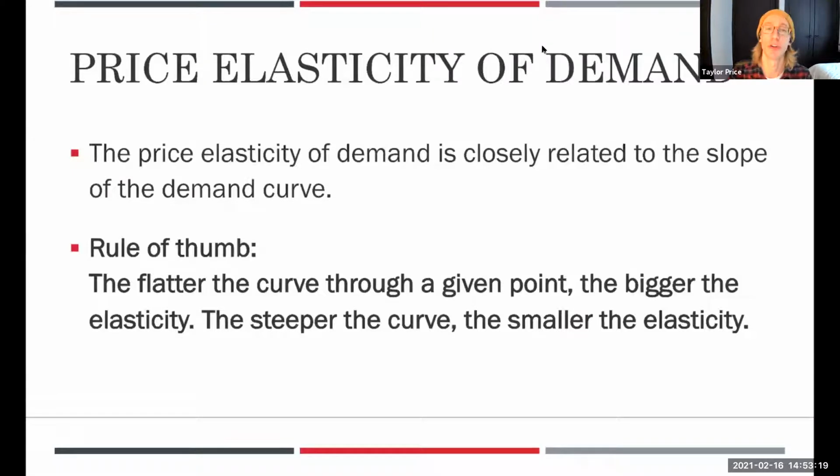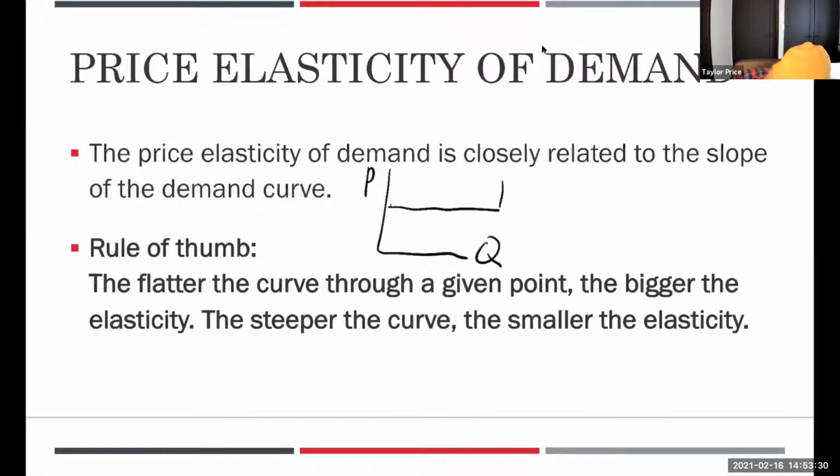So for example, if you see a demand curve that looks something like this, something like that, you can generally say that this curve is going to be flatter, and because of that, the elasticity is likely to be bigger.